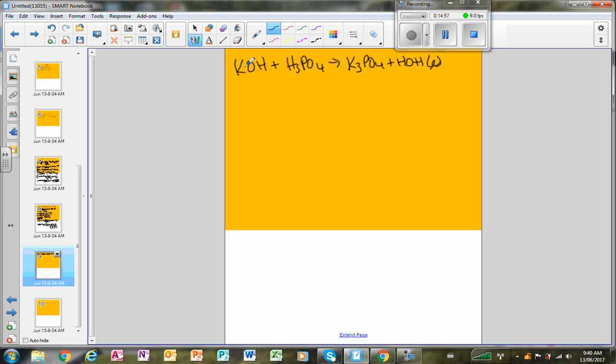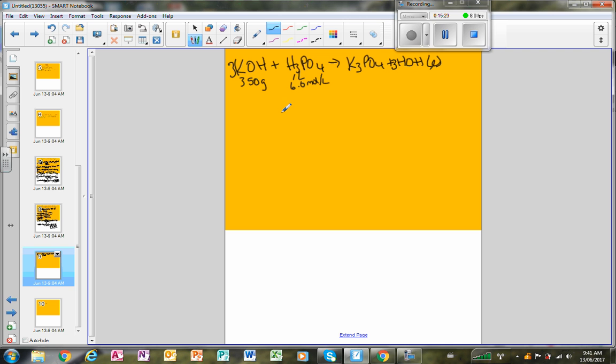We have 3 potassiums here, so we need to put a 3 there, which means we have 3 hydroxides. Put a 3 there for 3 hydroxides. We now have 3 hydrogens, and we have 3 hydrogens. Our phosphates balance out. Writing out our given information, we have 350 grams of potassium hydroxide, and we have 1 liter of 6 molar phosphoric acid.